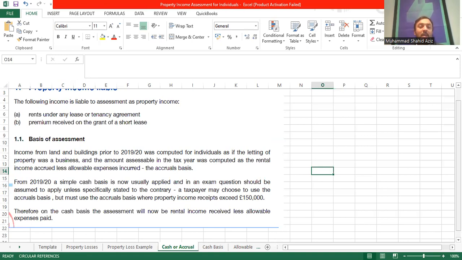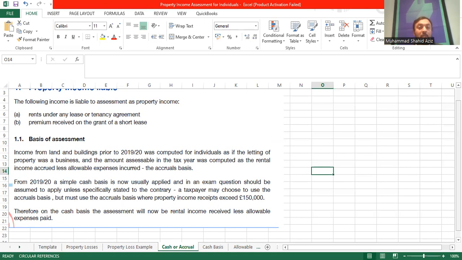But the accrual basis is, it does not matter how much we have actually received in a year. The accrual basis is what we actually expected to receive in a year, and what our expenses should have been in a year.